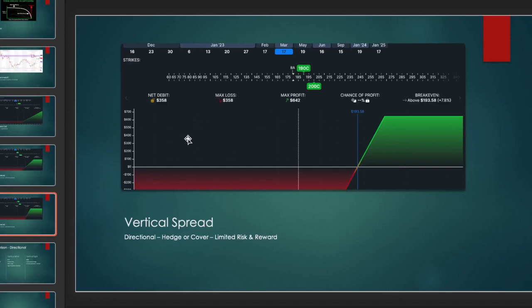So it doesn't really make sense. It makes more sense to get something that's deeper in the money, but that you can hedge and cover with a sold call, or put, because you can do this with puts as well. And that's going to bring your debit down. It's going to bring your risk down, but you're still buying a high quality contract, which is that 190 call.